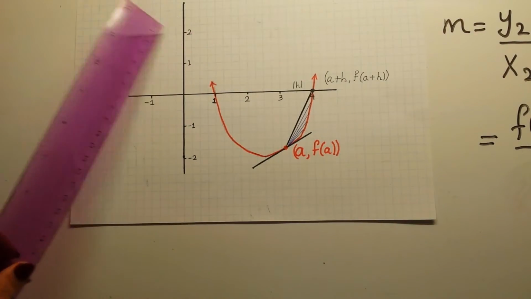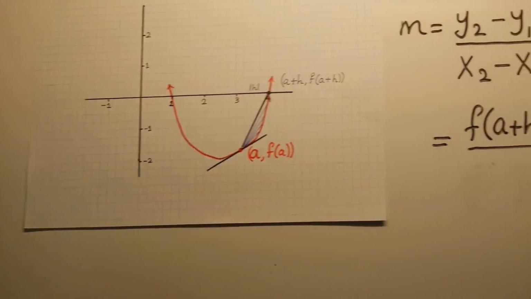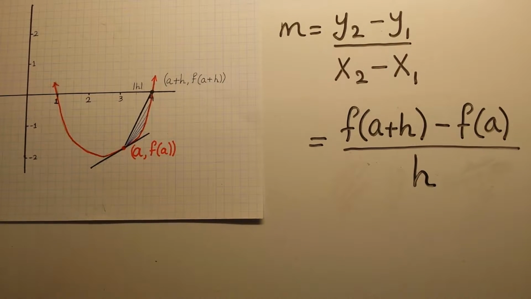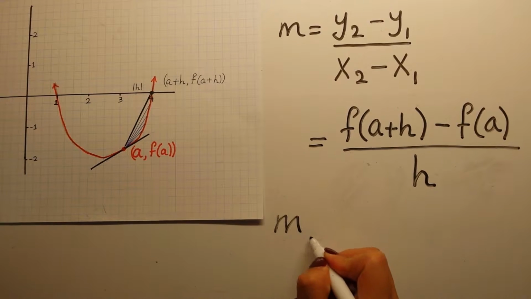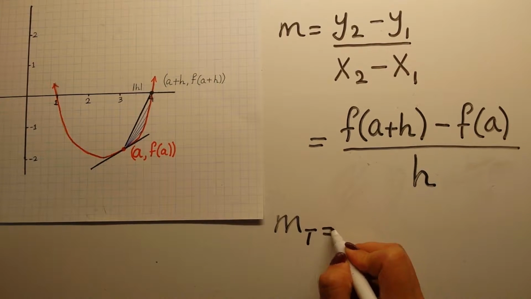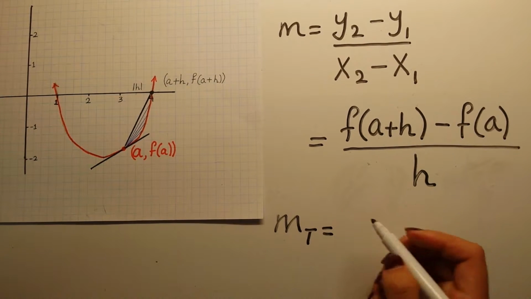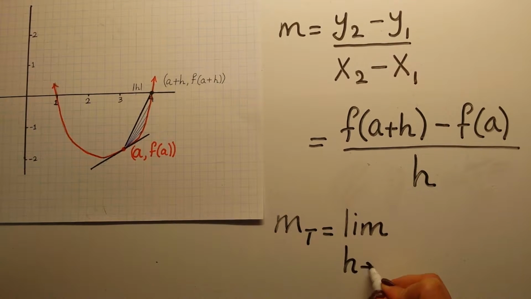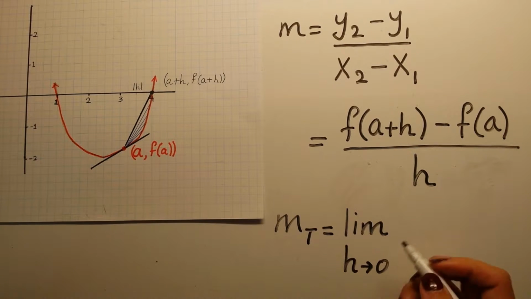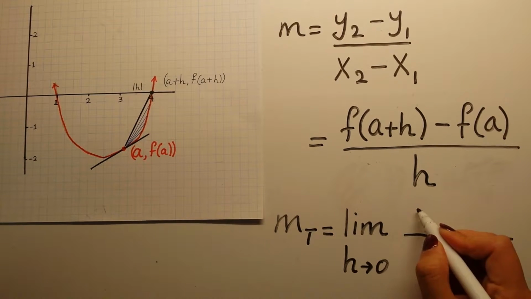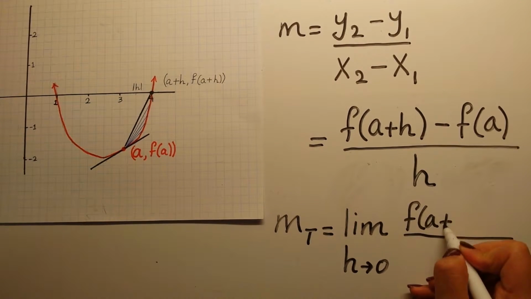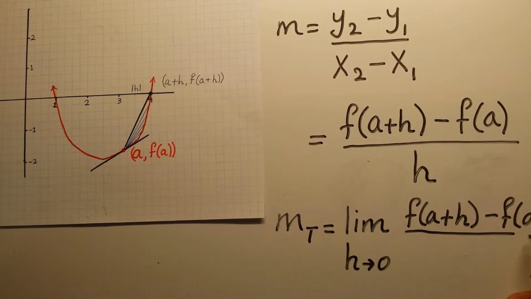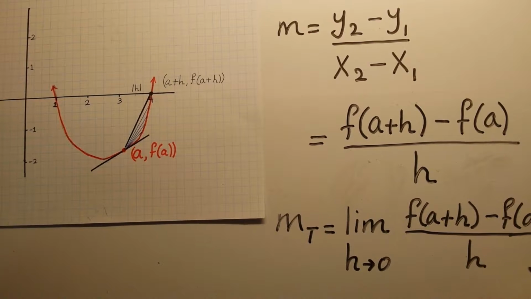I can also explain this algebraically. So the slope of the tangent formula will do the same thing for us. And it is the limit as h approaches 0, same as we said, of f of a plus h minus f of a over h.